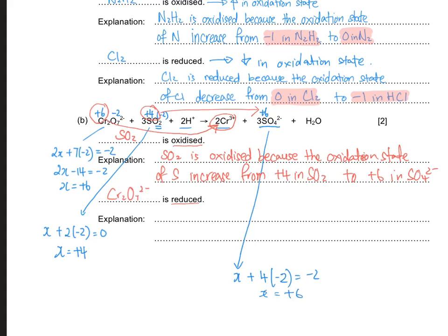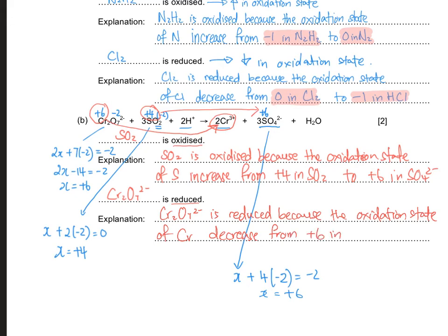Cr2O7 2 minus is reduced because the oxidation state of Cr decreases from positive 6 in Cr2O7 2 minus to positive 3 in Cr3 plus.